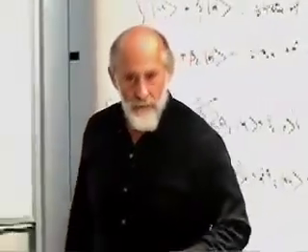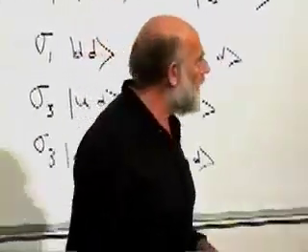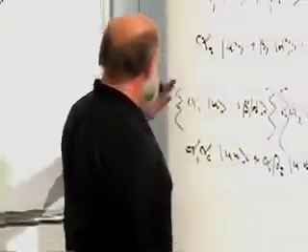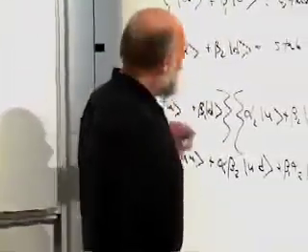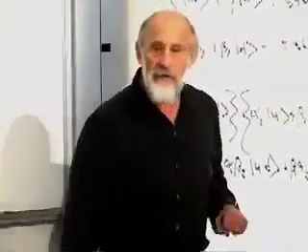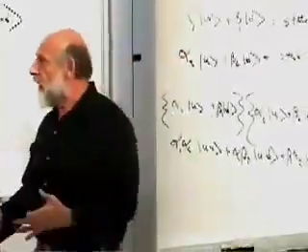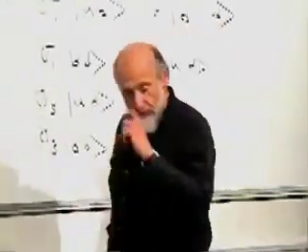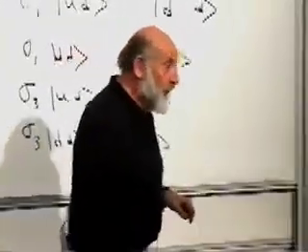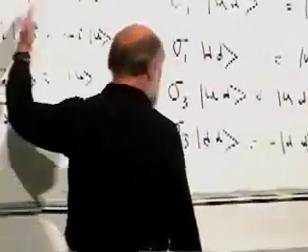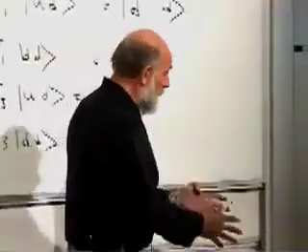If you were, for example, to take such a state, you would find that there is some direction in which sigma 1 is definitely up. Remember, for any electron state that you can make with an alpha and a beta, there is always some direction in which sigma dot n is up.